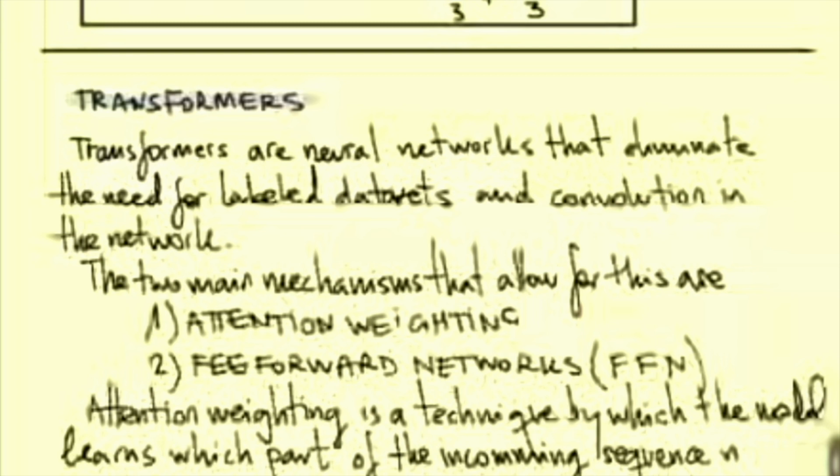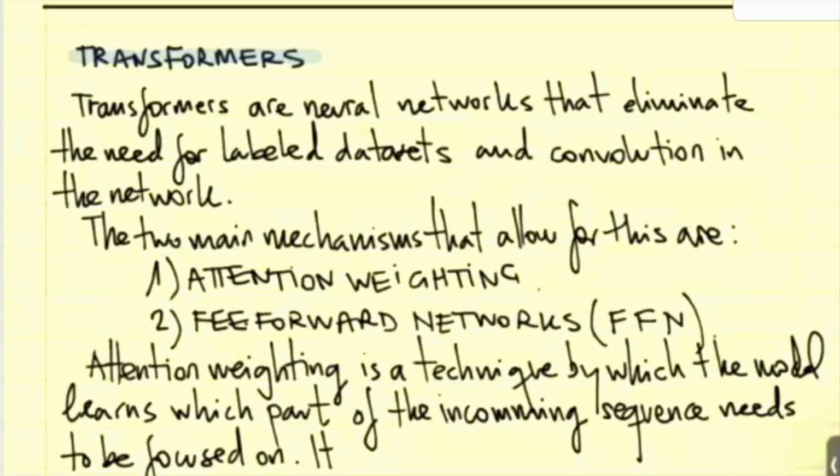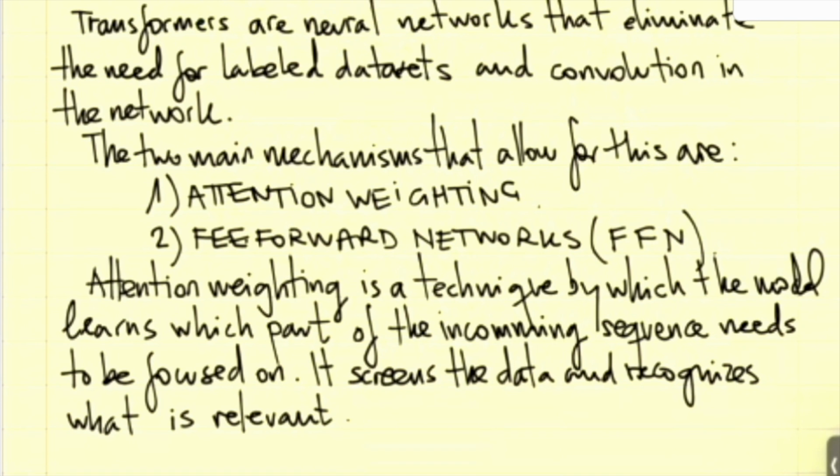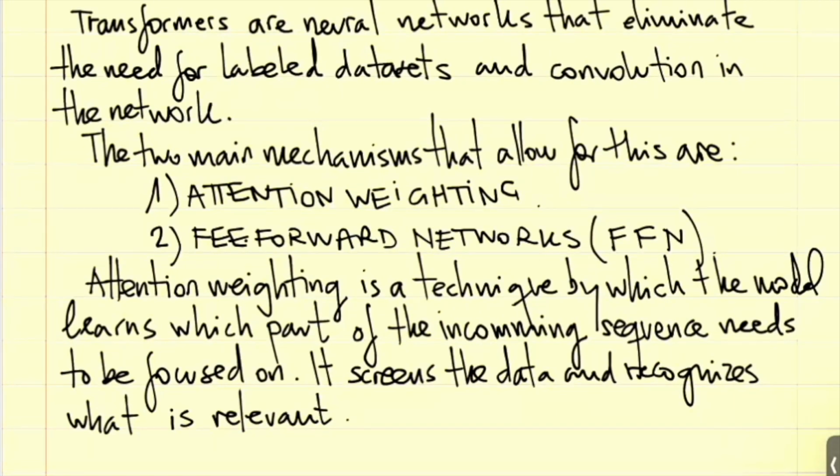Okay? It screens the data and recognizes what is relevant. Okay? This is important when you do text generation, because there are some words that are crucial, like verbs, nouns, adjectives, adverbs, and others that can be eliminated and you still understand what you're saying.